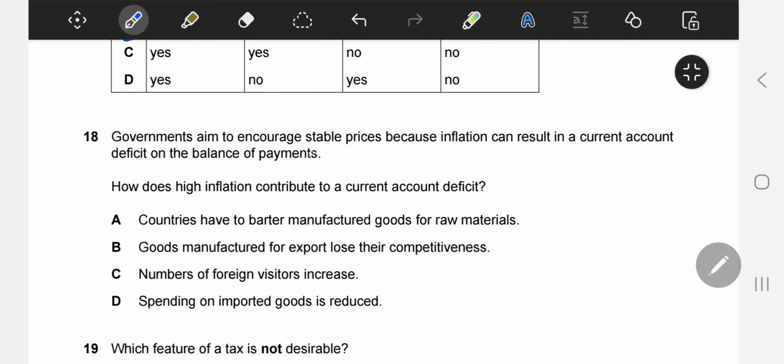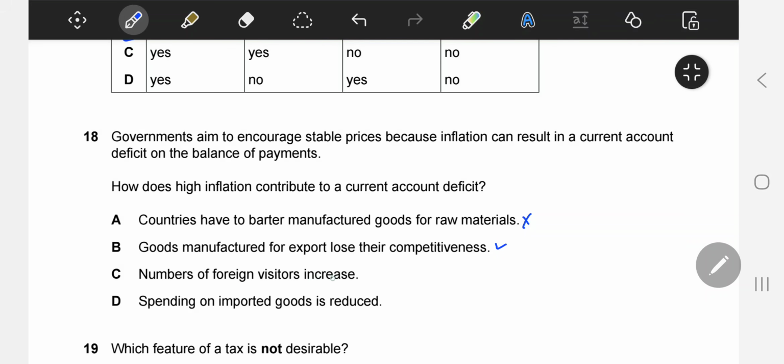Government aims to introduce stable prices because inflation can result in a current account deficit in the balance of payments. How does inflation contribute to a current account deficit? Okay, so inflation means high prices. Countries have to barter manufactured goods for raw materials? No. Goods manufactured for export lose their competitiveness? Probably.